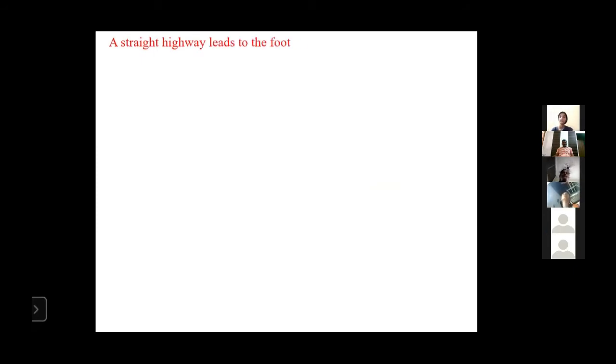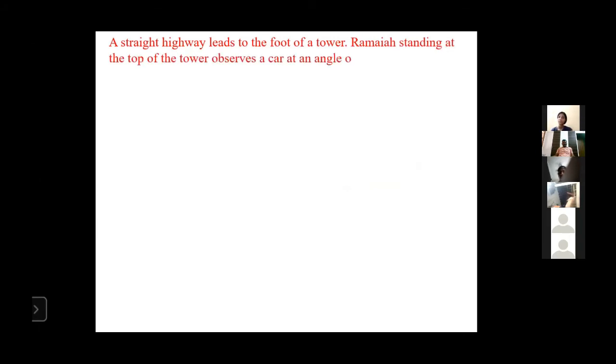A straight highway leads to the foot of a tower. Ramaya is standing at the top of the tower, observing a car at an angle of depression of 30 degrees.